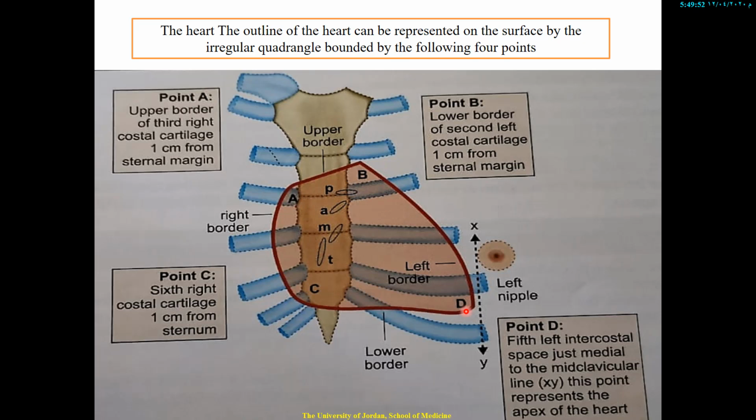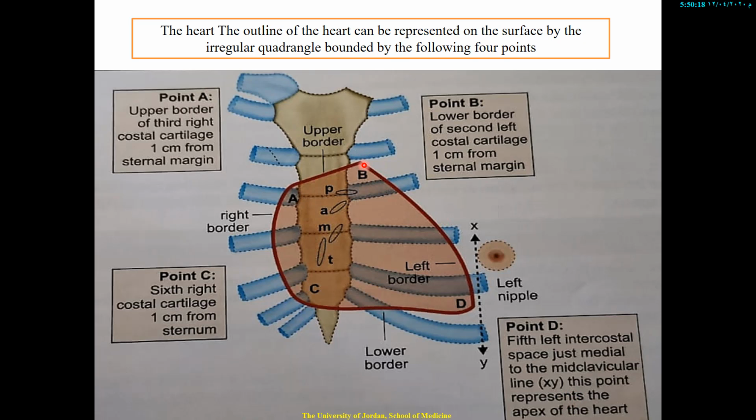Then we identify the fourth and last point, which is the apex of the heart. You know where to look for the apex of the heart: the fifth left intercostal space, just medial to the mid clavicular line.